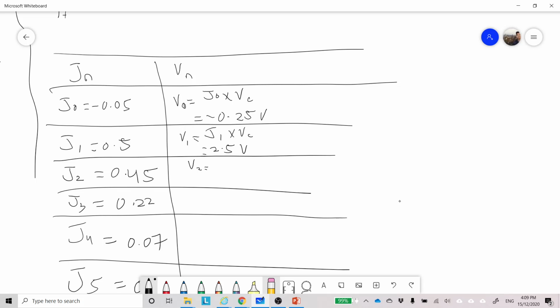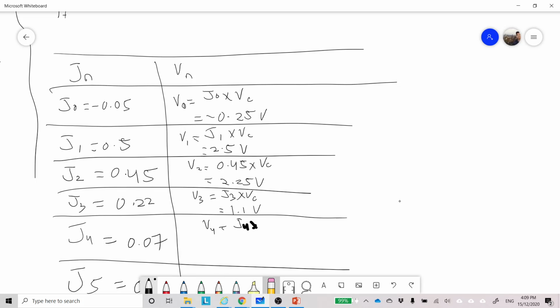V2 is equal to 0.45 multiplied with VC. So this is 0.45 times 5, you will get 2.25. And then here V3 is equal to J3 multiplied with VC, so 0.22 times 5, you're going to get 1.1 volt. Here V4 is equal to J4 multiplied with VC.